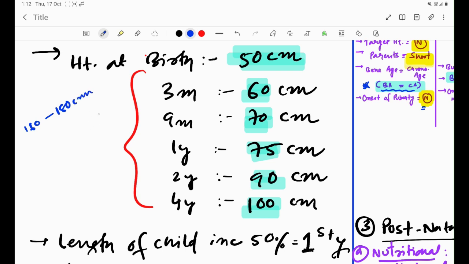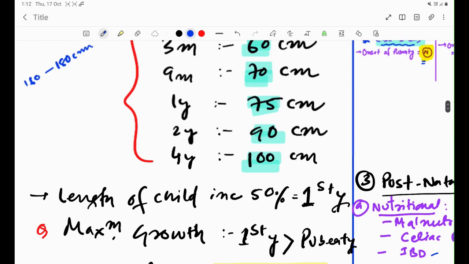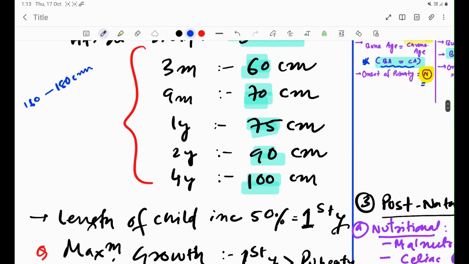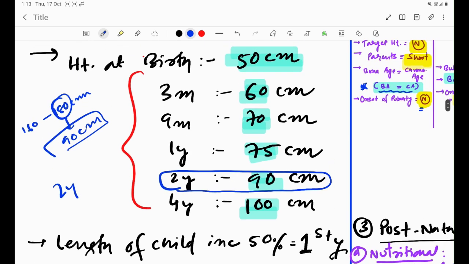Let's consider the adult height is, for example, 180 centimeter. So half of 180 is 90 centimeter. At what age it becomes 90 centimeter? It is 2 years. So the answer is 2 years. If you don't know this chart, then you won't be able to solve this kind of question.